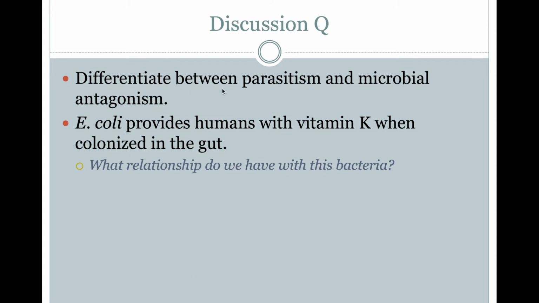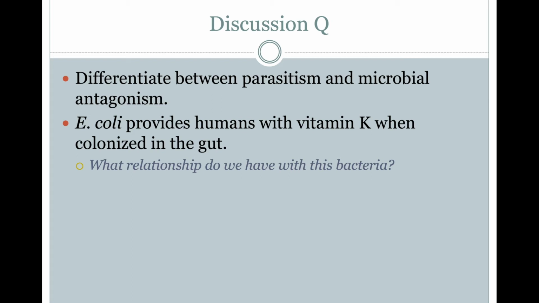The first, differentiate between parasitism and microbial antagonism. And again, there are similarities, right? Parasitism is a plus-minus relationship. Microbial antagonism you can consider as akin to competition. And in competition, we almost always say this is a negative relationship, where even in a scenario where one outcompetes the other for resources, they still are harmed in the sense of requiring the input of energy.